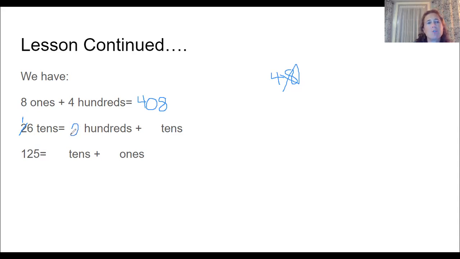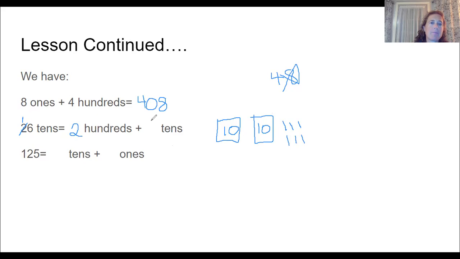So it's 200s, okay, because 26 is 2 sets of 10 and then 6 more tens, right? So there's 10 here, 10 here, and then these 6 extra that we have here, right? Now with these 6, can I make another group of 10 for 100? Nope, I need 10 tens for 100.